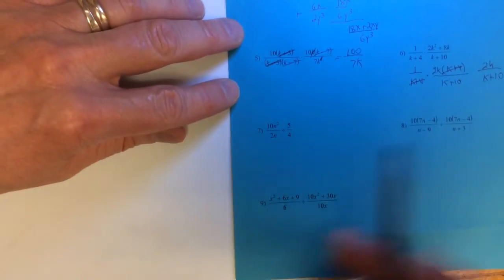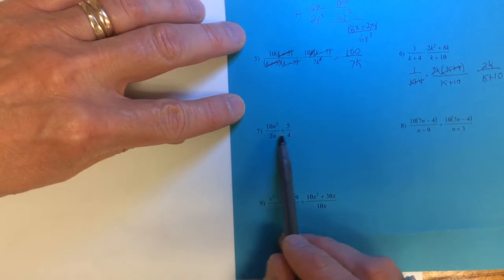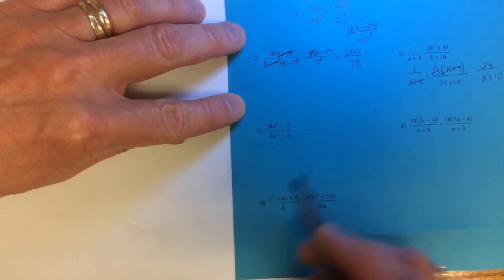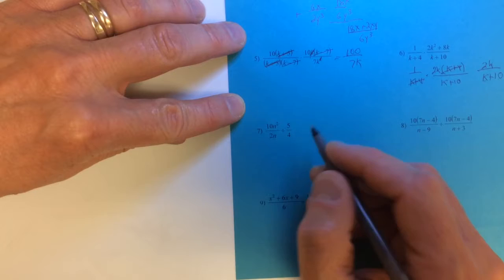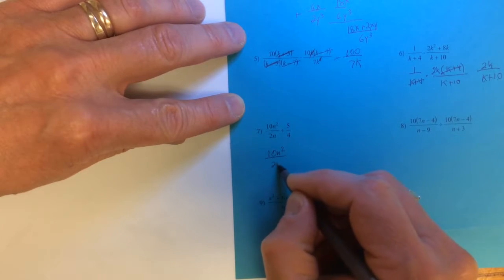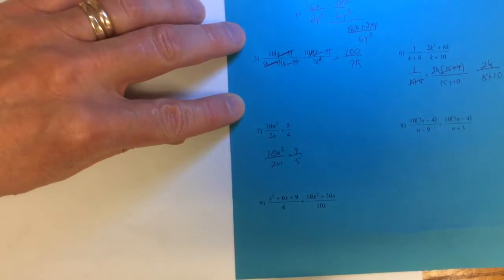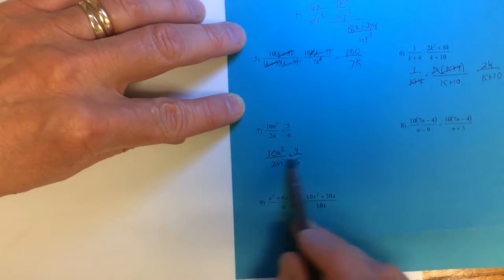Okay, next we move to a division problem. You've been taught a long time ago when you are dividing fractions, you reciprocate and multiply. So I'm going to make this 10n squared divided by 2n times 4 over 5. Okay, then I could simply multiply.